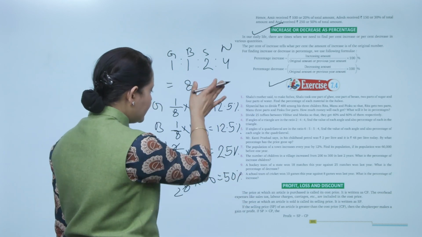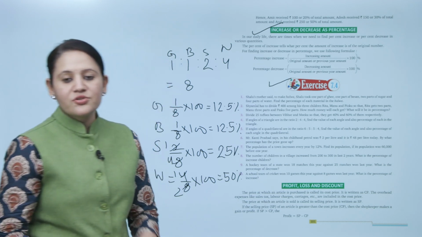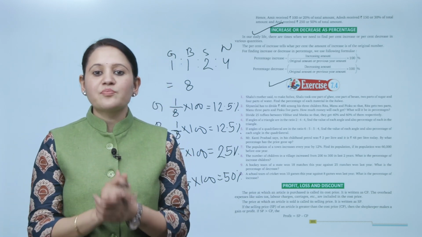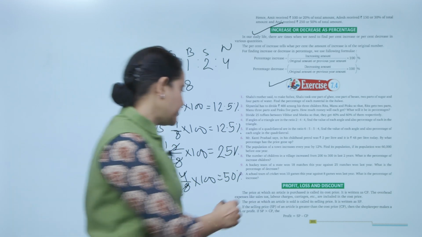If we add them, it's total 100%. Clear? So this is how we can find the percentage of each item. Next is profit, loss and discount.